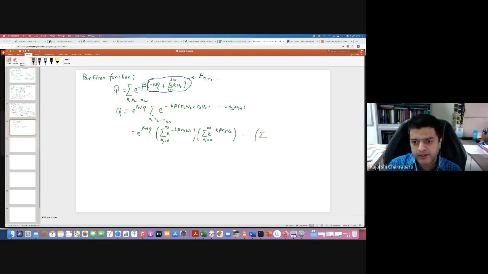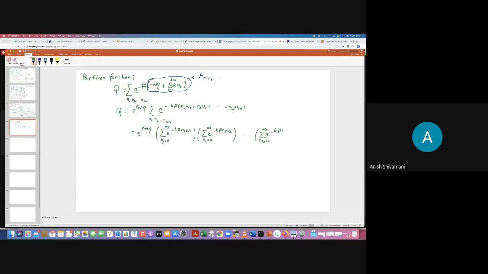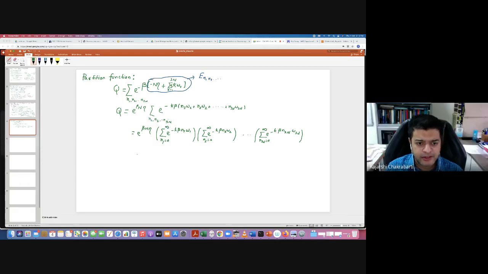Let me write down the last term. These are all the normal modes of vibration. Very good. And you know how to calculate this? This you have done in the harmonic oscillator problem.